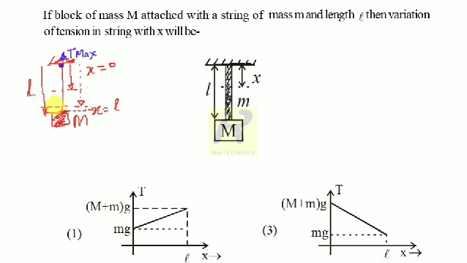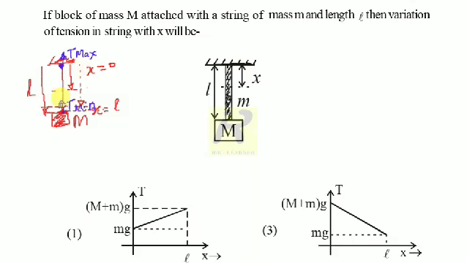When you come to this point, the tension is minimum. So when you move from this point to this point, gradually the tension decreases. So tension decreases with the distance x linearly.